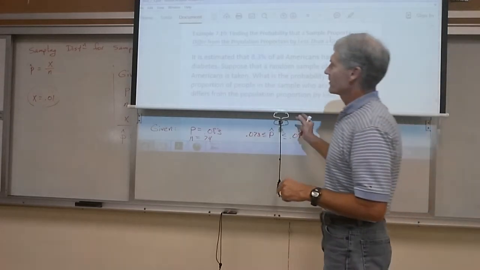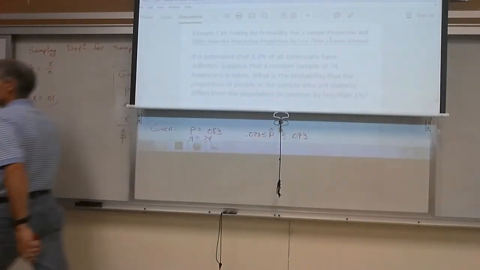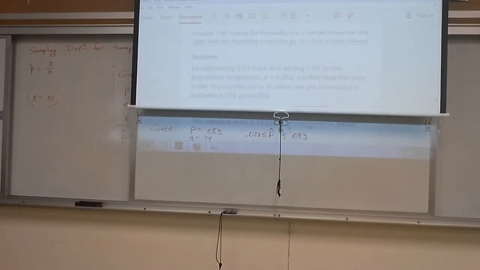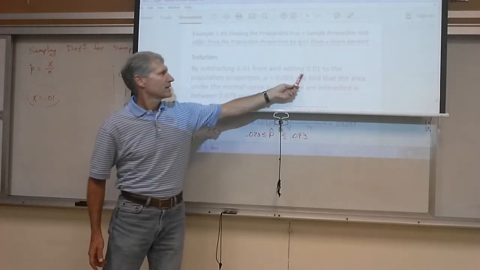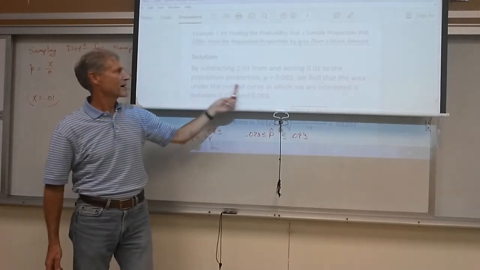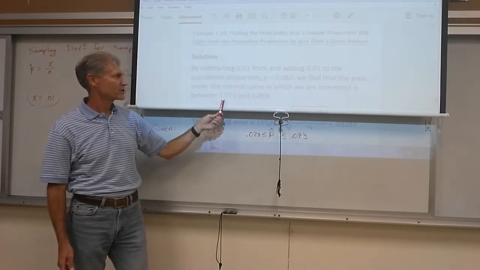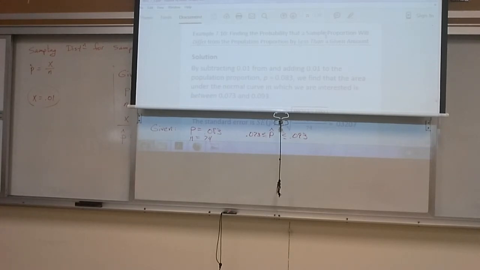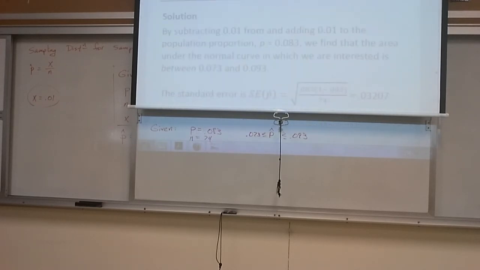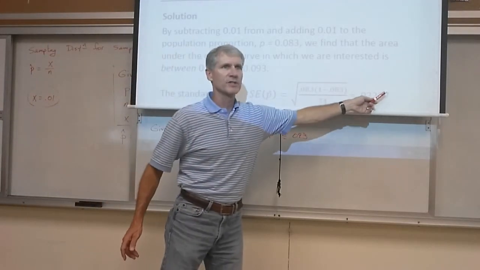Okay, I've only got 1 minute left, so I'm going to finish it out for you, and I've done it on the slides already. You've already done all this, but by subtracting 0.01 and adding 0.01 to the population proportion, we know that we want the area between 0.073 and 0.093. All right, so we got that far. And then the standard error you all were getting was 0.03207.